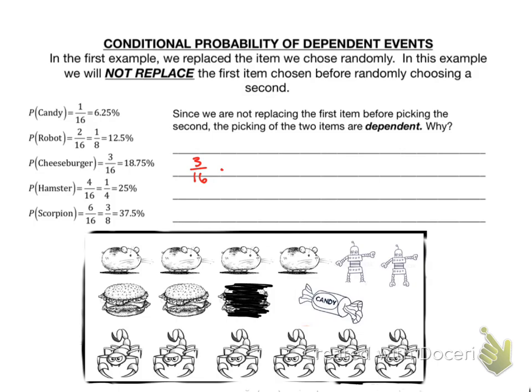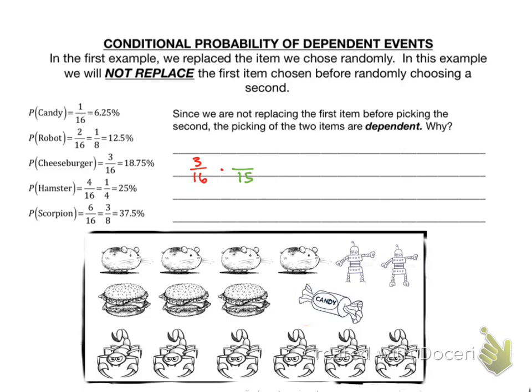Now if we look at our sample space, we have 1, 2, 3, 4, 5, 6, 7, 8, 9, 10, 11, 12, 13, 14, 15. So this one is going to be out of 15. Notice how that changed. It's because we didn't put back the cheeseburger. We ate it. So now in that bag, what are the chances of picking a cheeseburger again? It's 2 out of 15.